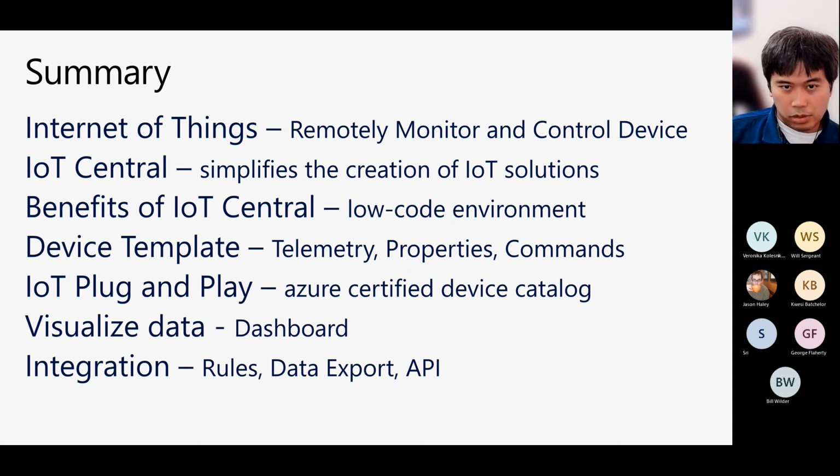There's the device template, where we talked about the difference between telemetry, properties, and commands. And then I talked about IoT Plug and Play, which is a device catalog. That device itself that you're using reports how IoT Central can talk to that device.